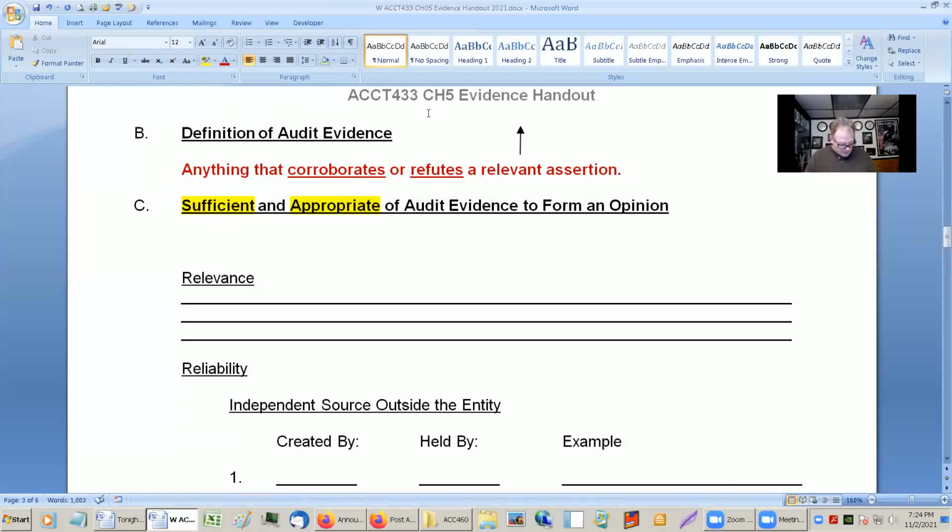Okay, what does sufficient mean? You say you have sufficient evidence. What does that mean? So we have to have sufficient appropriate evidence.